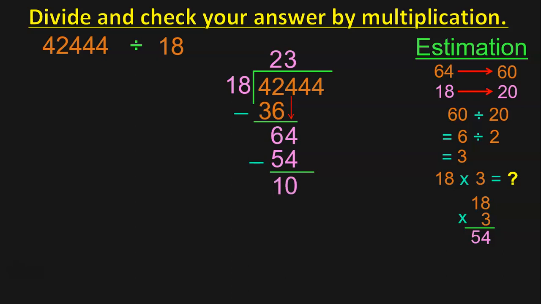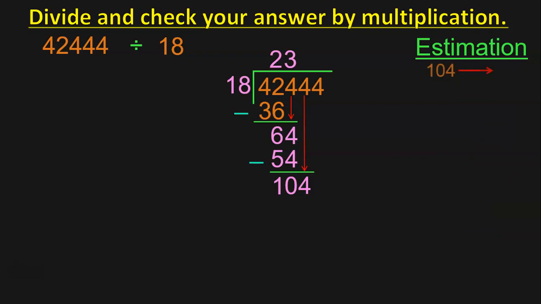The next step is to take and write down the next digit near the remainder. So the remainder now will be 104. We have to find out 104 divided by 18. Use estimation technique once again. Rounding off 104 to the nearest hundreds will give you 100. Rounding off 18 to the nearest 10 will give you 20.